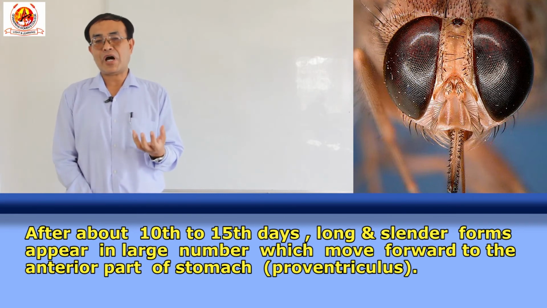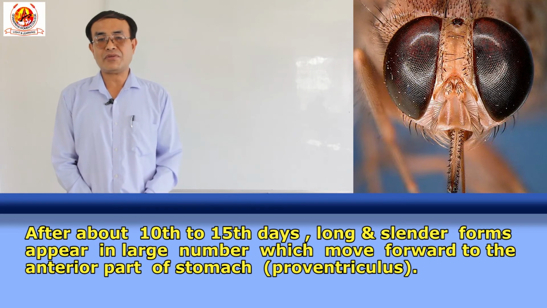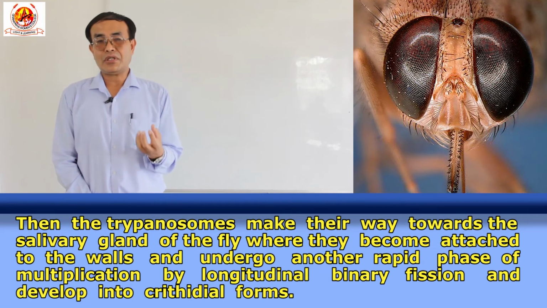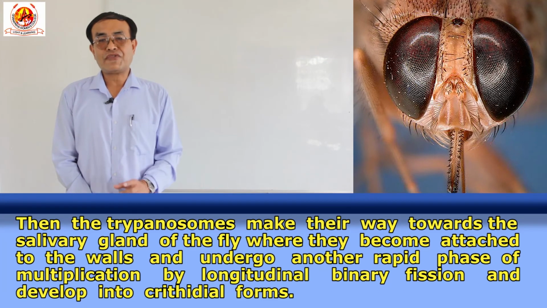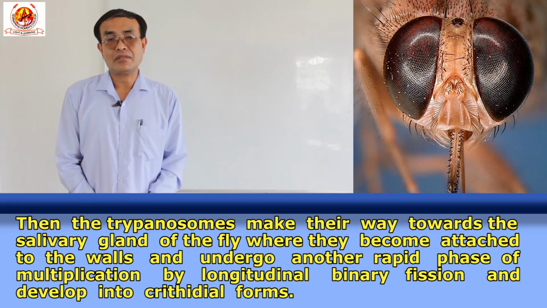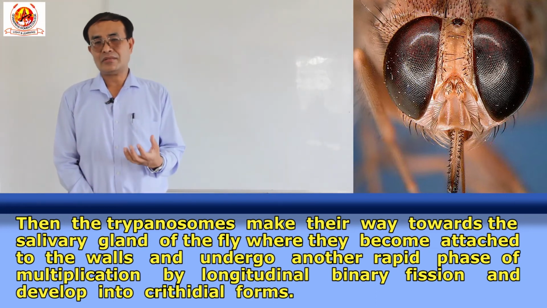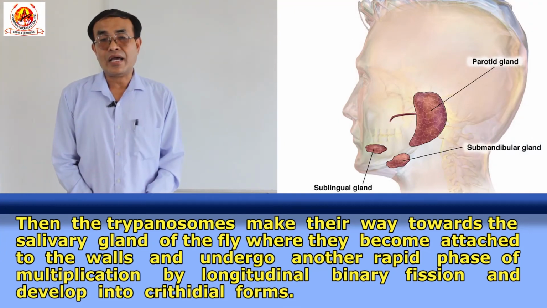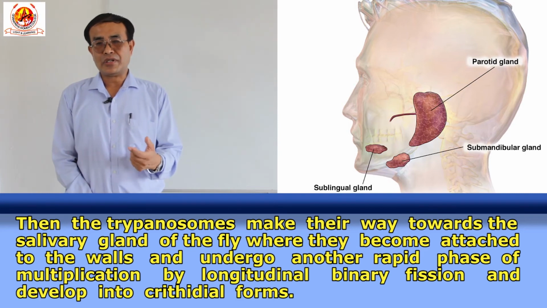That anterior part of the stomach is the proventriculus. Then the trypanosome, that is the parasite, makes its way towards the salivary gland of the fly, and it remains attached to the inner wall of the salivary gland, and stays some more time in that area.